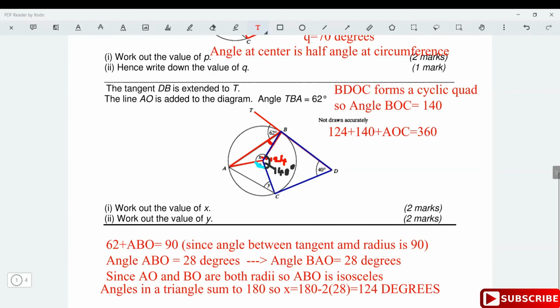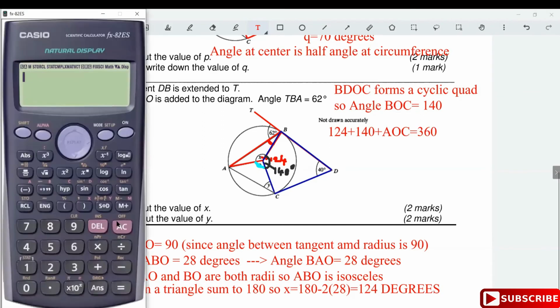So what is AOC? We subtract them from 360. Let's go ahead and do that. 360 minus, in brackets, 124 plus 140. We close that bracket, and we end up getting 96.